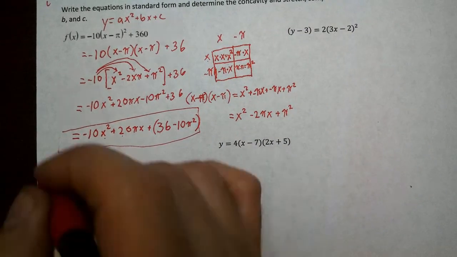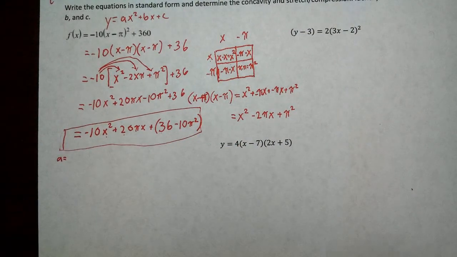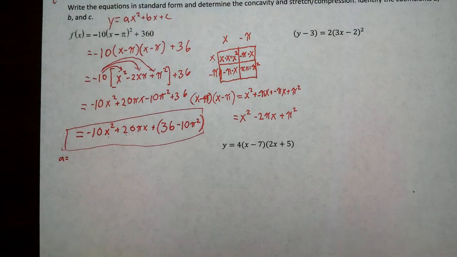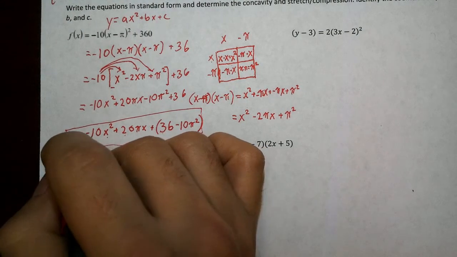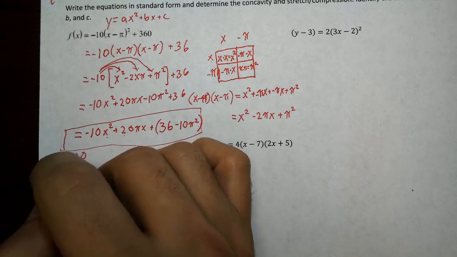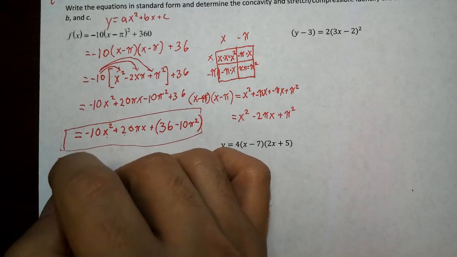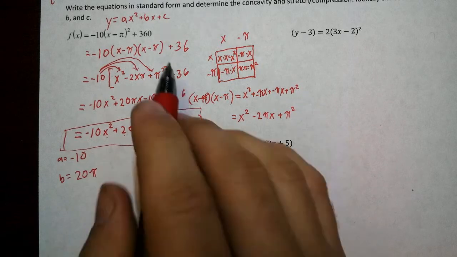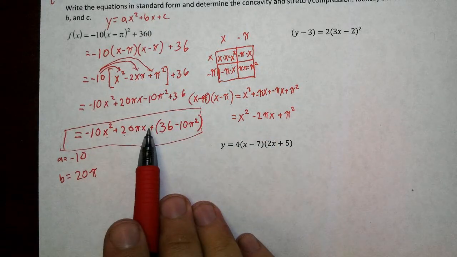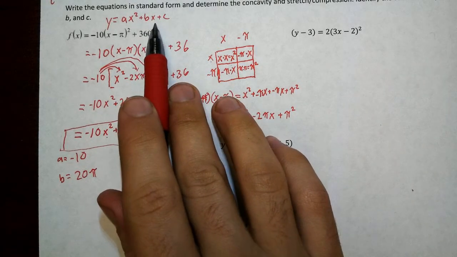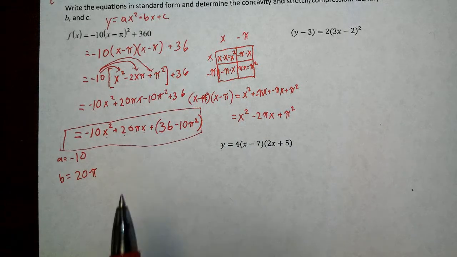Now there's a few things the question wants us to realize now that we're in standard form. First it wants us to say what's a, b, and c. So a is negative 10, b is 20 pi. I'm just comparing it to this. The b is whatever is in front of the x, so 20 pi.